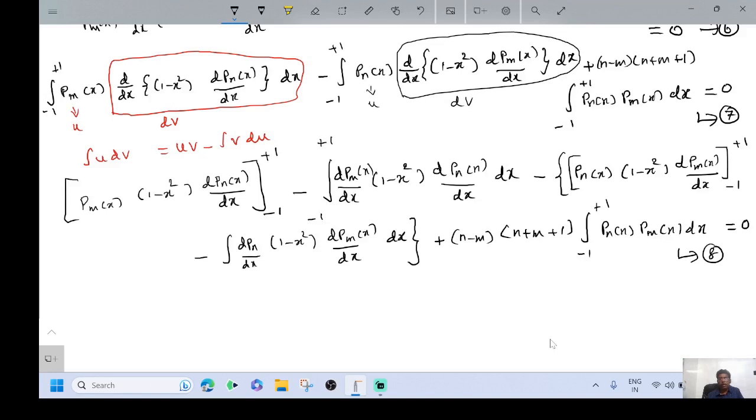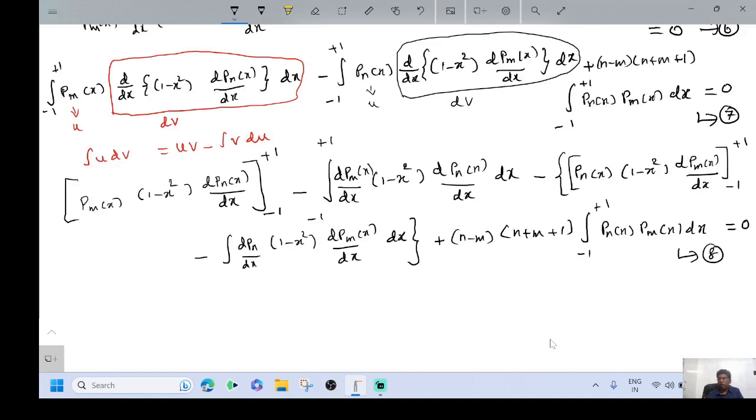Here 1 minus is present, here 1 minus is present, minus into minus plus. So these two integrals are cancelled. This is in minus, this is in plus, 0. If you apply the limits plus 1 and minus 1, this is 0. This is also 0.